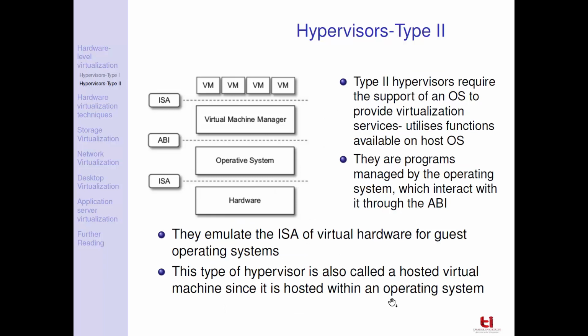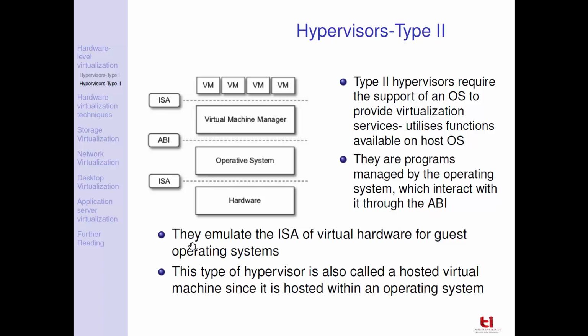Type 2 hypervisors, on the contrary, require the support of an operating system to provide virtualization service. So that means they utilize the functions which are available on host operating system to provide the virtualization service to virtual machines. So hypervisor type 2 are programs which are managed by the operating system and which interact with it through ABI, that is application binary interface.